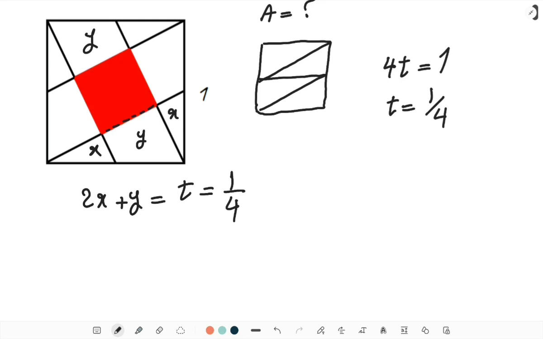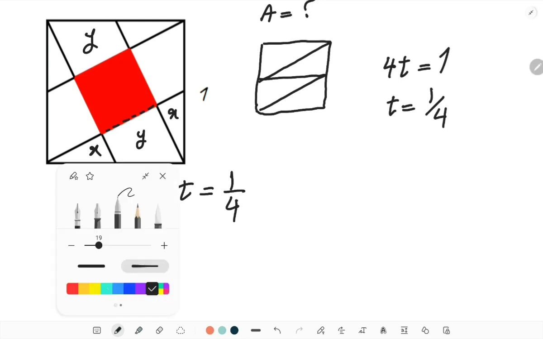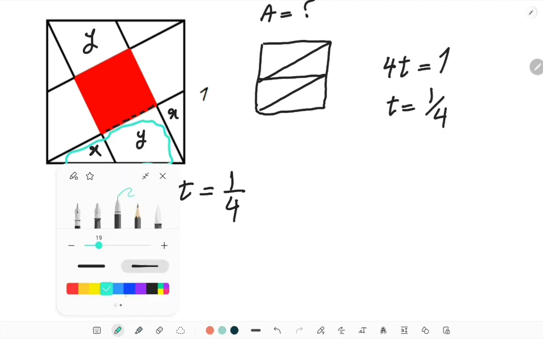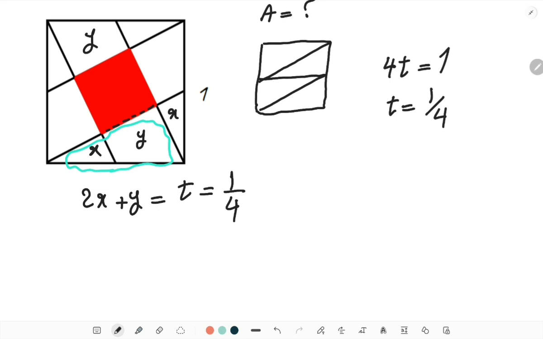In order to find another relationship between x and y, I try to separate this triangle. So I go and say, well, look at this triangle. This is interesting because if I draw this triangle again, this is 90 degrees. And I hope that you agree with me that this is also 90 degrees because we have a perfect square in the middle.